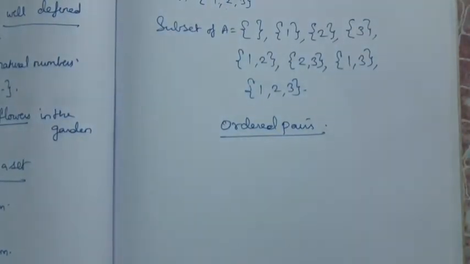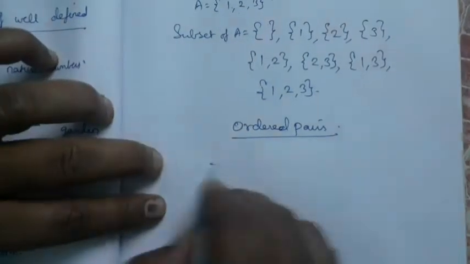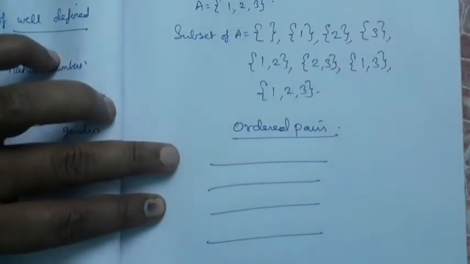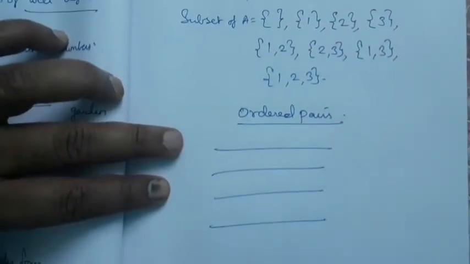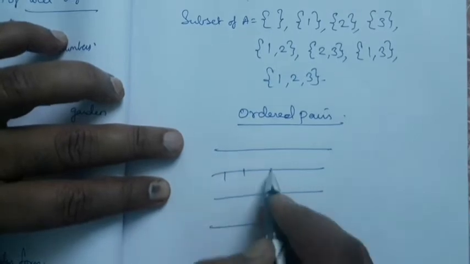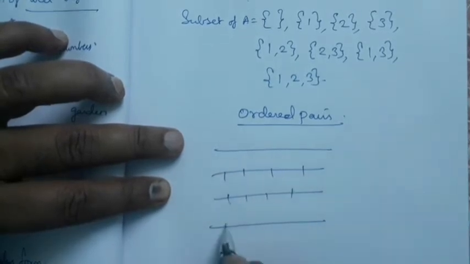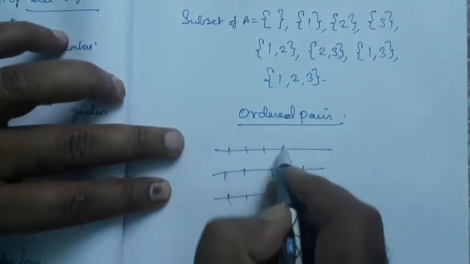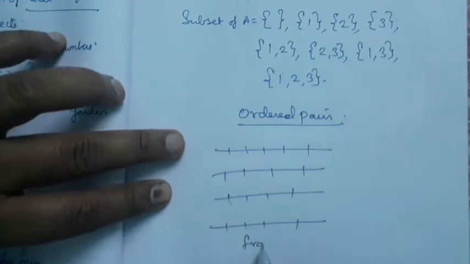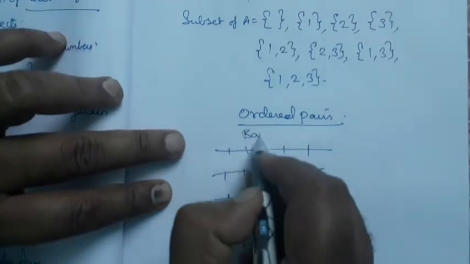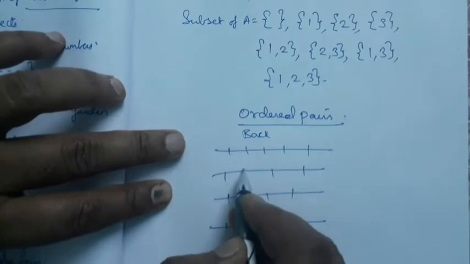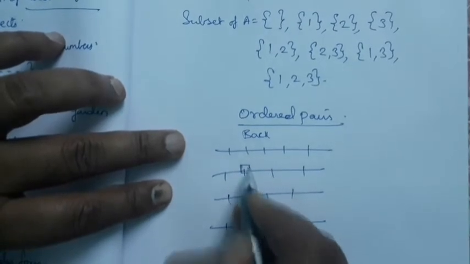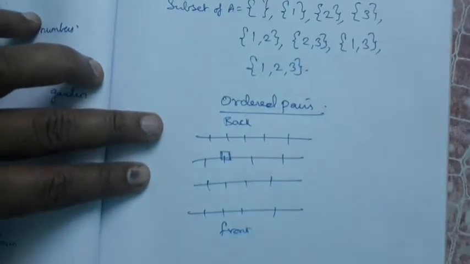Say for example, this is a classroom and the benches are arranged like this, and in a bench 4 students are sitting. This is the front side and this is the back side. Suppose a person is sitting here, I have to mention this using the ordered pair.